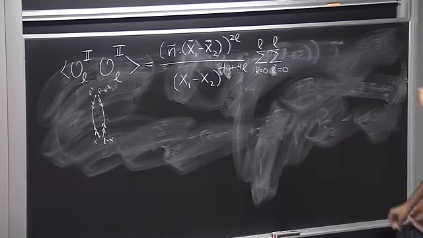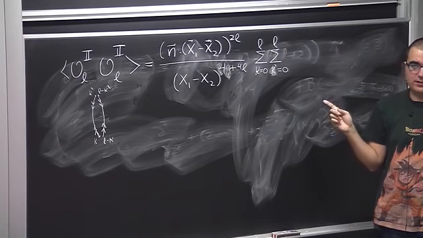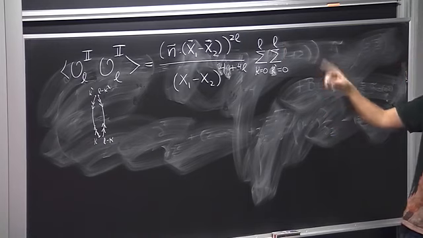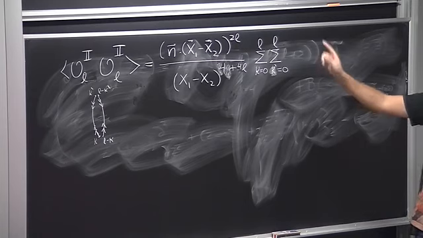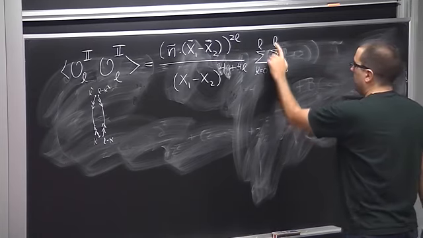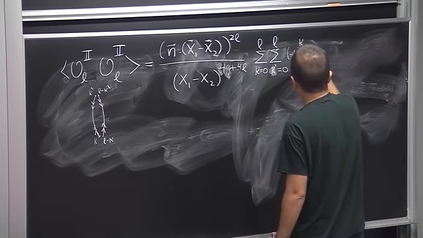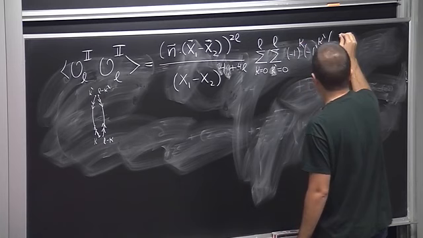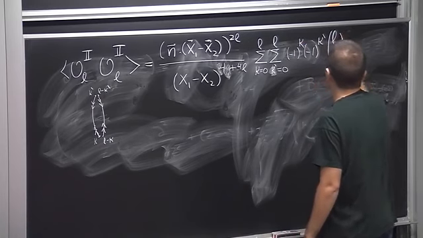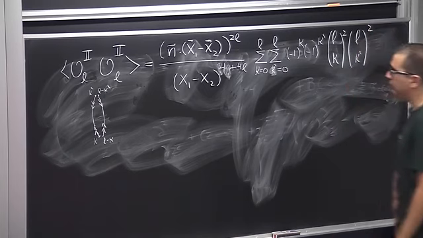By the way, you could start by doing the exercise of putting different L's to check orthogonality between operators of different spin. But I'm already assuming that orthogonality works and doing directly the normalization of the interesting one. So we sum from k equals 0 up to L, k prime from 0 up to L. Then we have (minus 1) to the k, (minus 1) to the k prime, binomial (L choose k) squared, binomial (L choose k prime) squared.